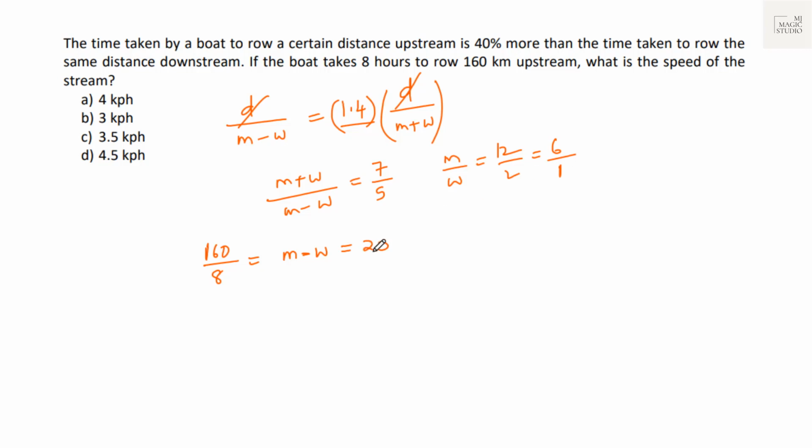Now m minus w is 5 parts, so 5 parts is 20, and 20 by 5 is 4. That means m is 24 and w is 4. M is 24 kph and the speed of water is 4 kph. What is the speed of stream? 4 kph. Option A is the pick.